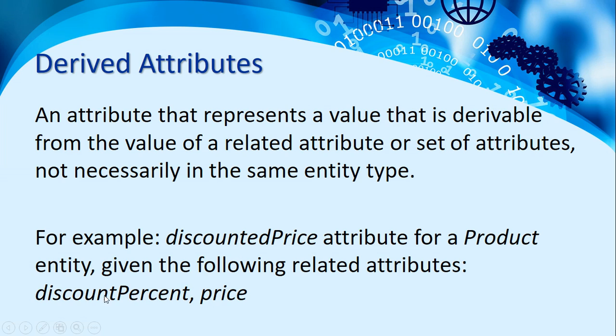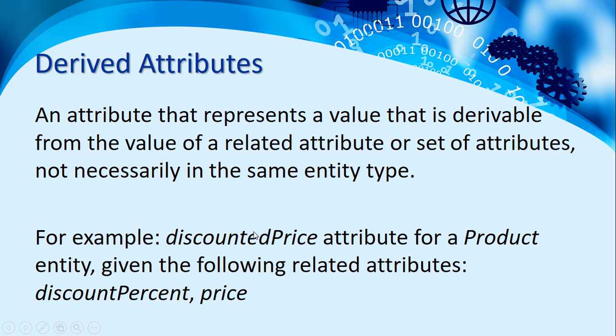For example, discount percent and price. Kunyari sa product, mayroon tayong burger. Tapos yung burger, yung original price niya is 50 pesos. Yung discount niya is 50%. So, yung discounted price was calculated from the discount percent and the price. So, 25 pesos.